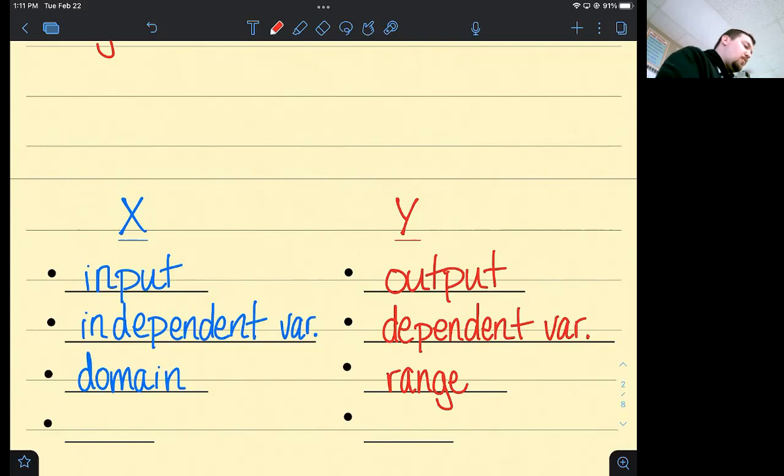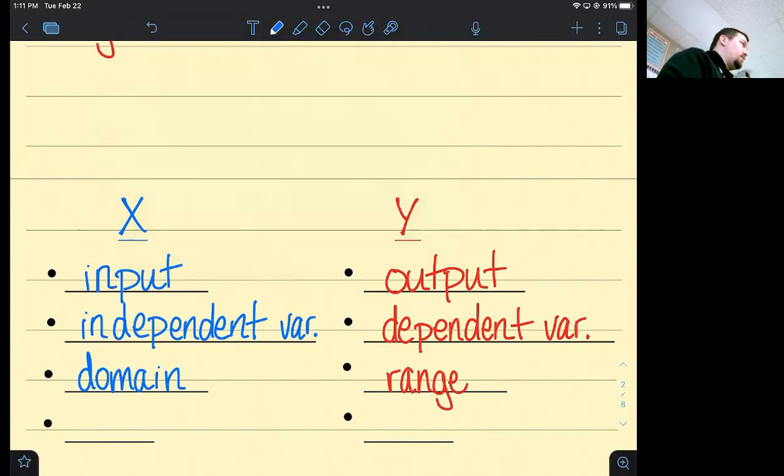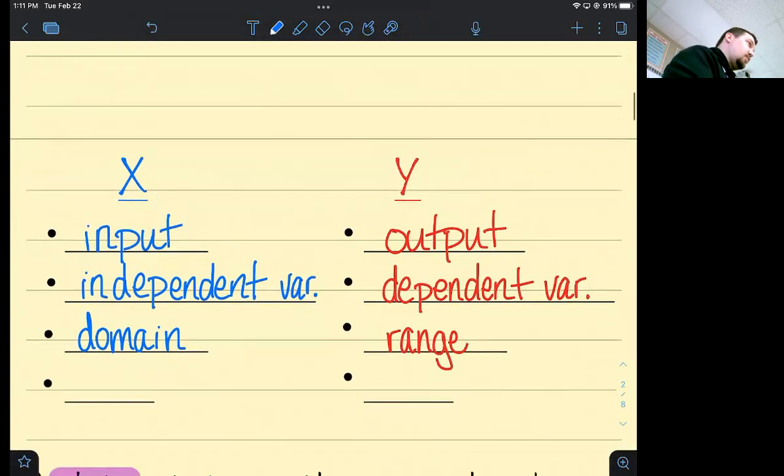And then there's one more I want to add, and you are already familiar with this. When we're talking about slope, we refer to the X coordinate as your run. I did it backwards because it's Y on top. And then the Y is the rise. So that's going to come into play later this chapter when we start talking about linear functions again. We talk about slope.